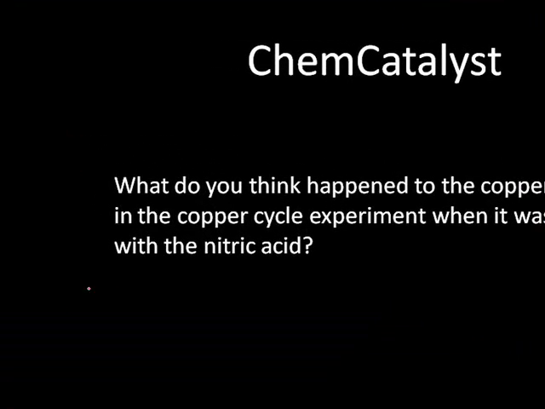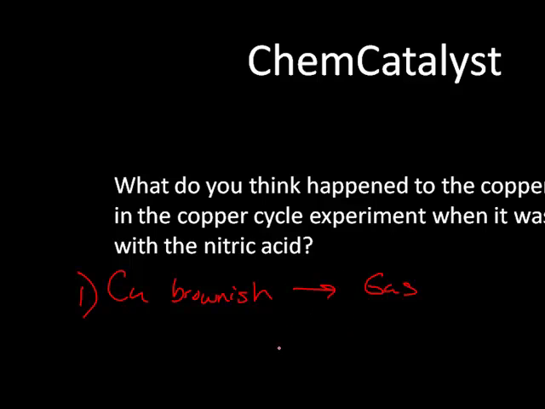So, possible hypotheses, what do you think? First of all, copper is a brownish color. What was brownish colored in that demonstration and in the lab? The gas was brownish colored. So that's one option. The copper could have gone to the gas. What's another option?